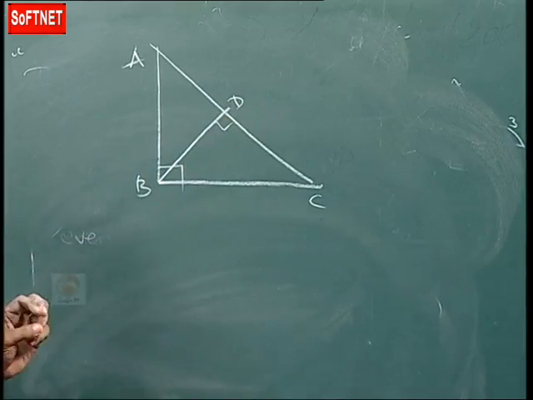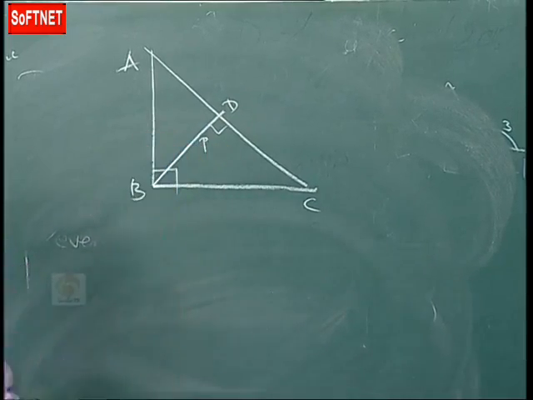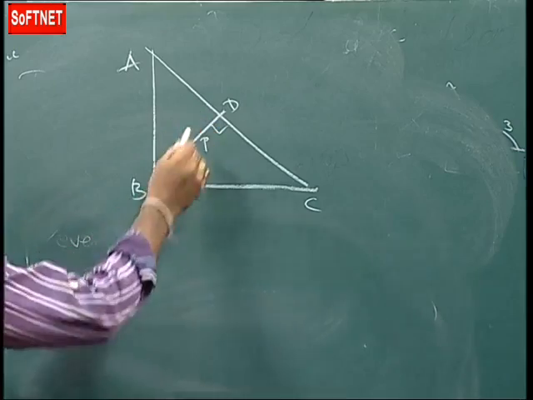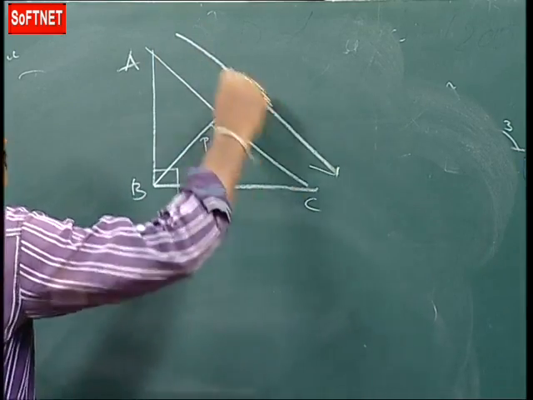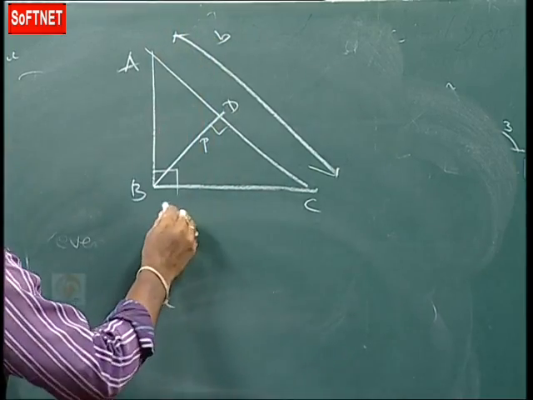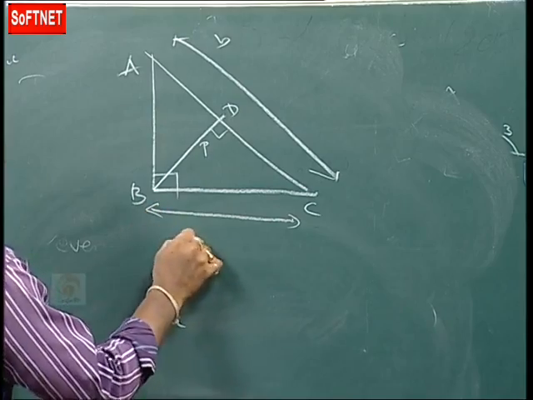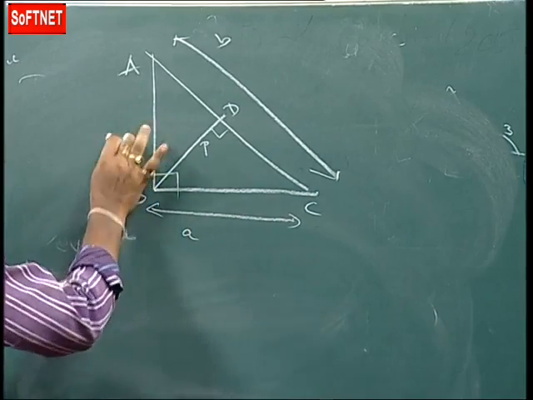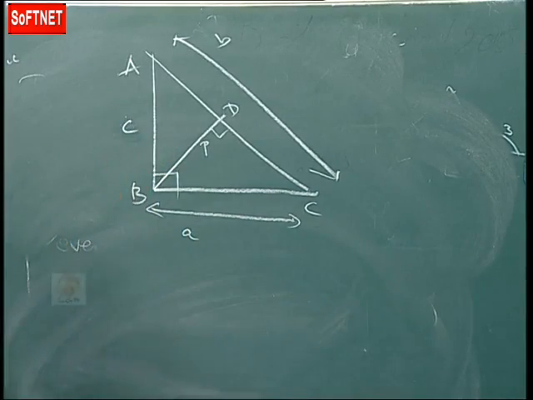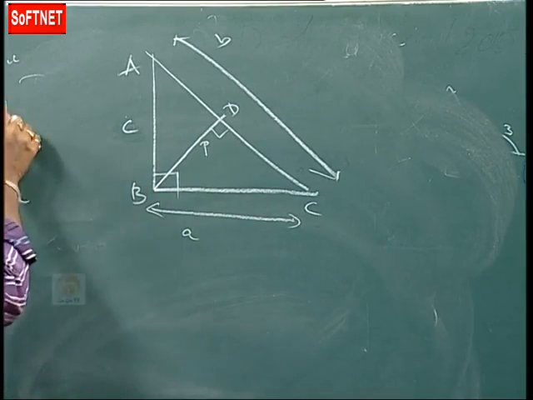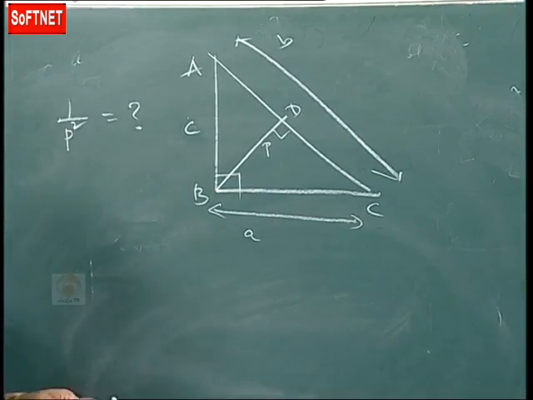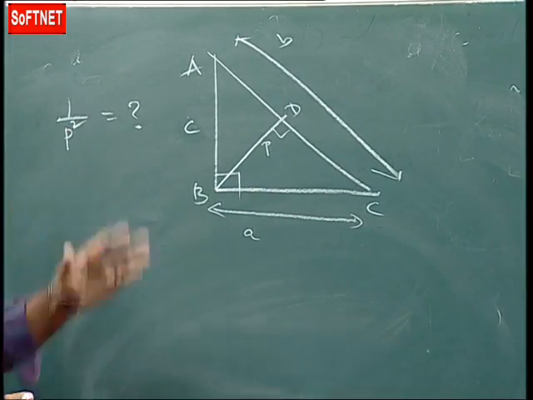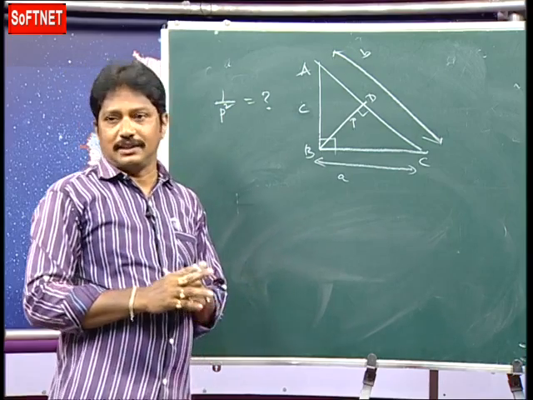BD is the perpendicular line, its length is p. Say this side is a, this one is b, and this is c. You have to find the value of 1 by p square. What is its value?